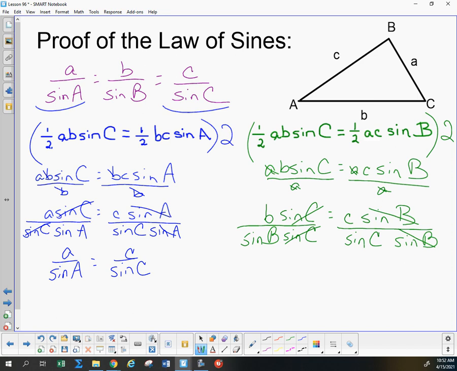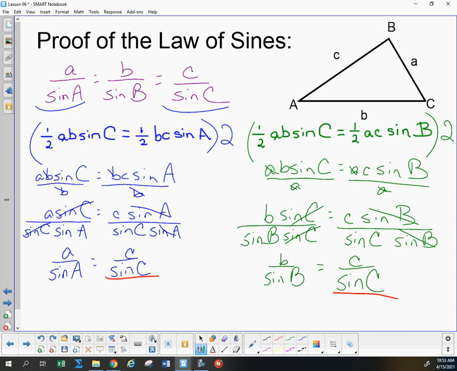And now I have another part of the law of sines. I have B over the sine of B equals C over the sine of C. Notice that I have C over sine C on both sides. So C over sine C is equal to both of the others.